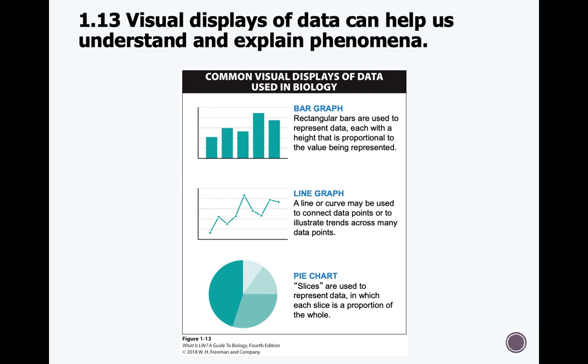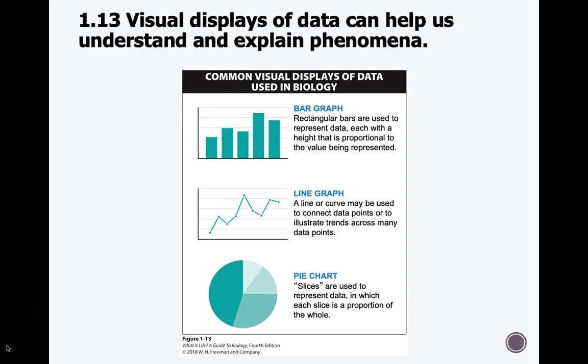So we've got bar graphs, line graphs, and pie charts. Those are some of the simplest ways that you can display your data. And you're all probably familiar with these in one sense or another. A bar graph is usually used for comparisons, whereas a line graph is usually used for trends.